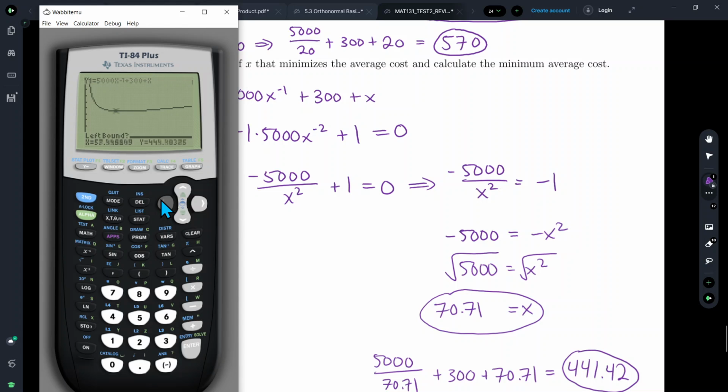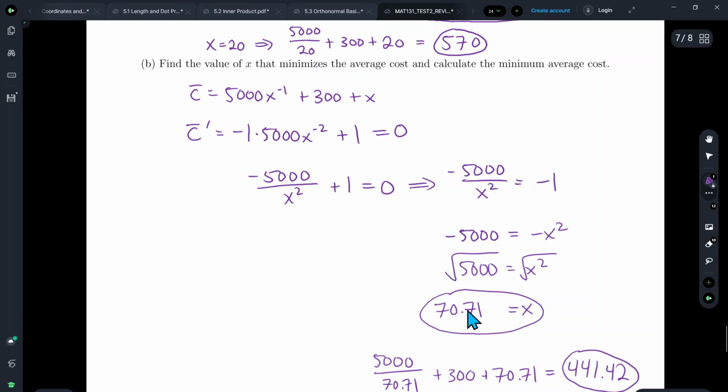So let's play it safe, put the left bound pretty far to the left, and then the right bound pretty far to the right, where we can see that the graph is starting to increase again. And I guess it's probably about here. And we see that the minimum occurs at 70.71, and the minimum value itself is about 441. Okay, so this is problem 10.